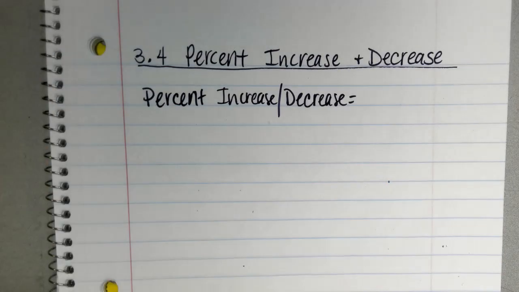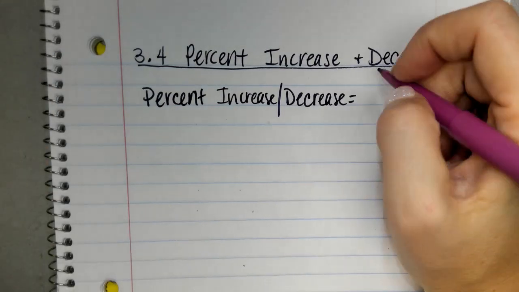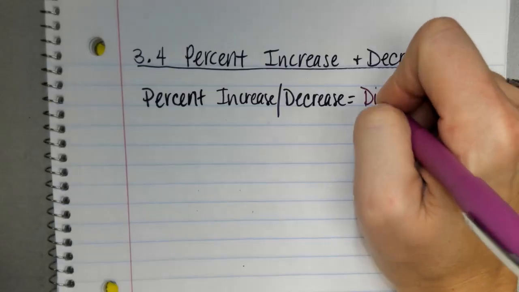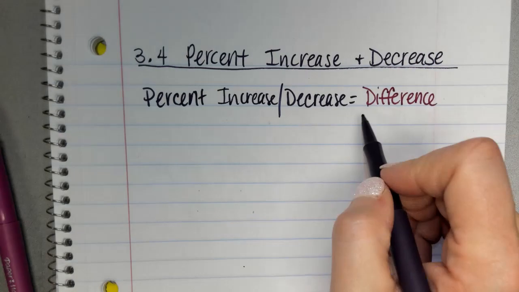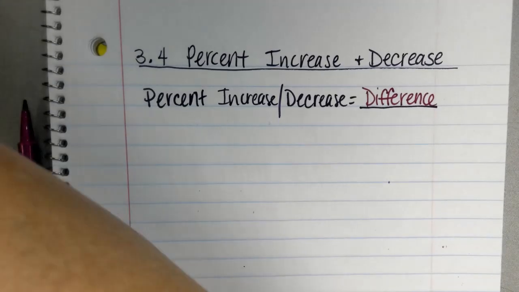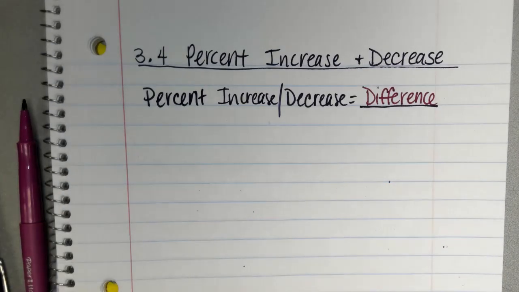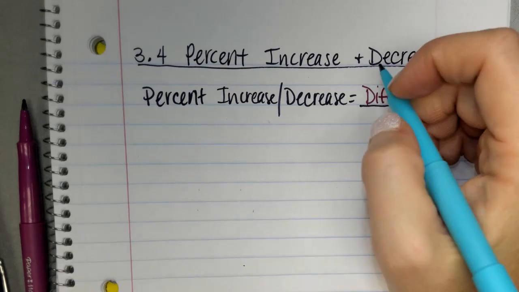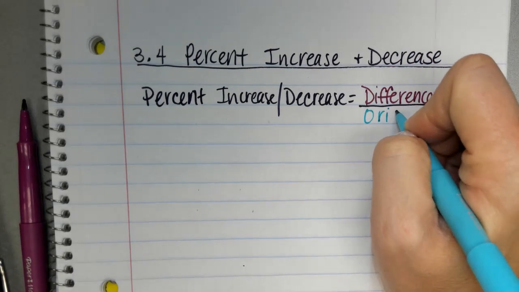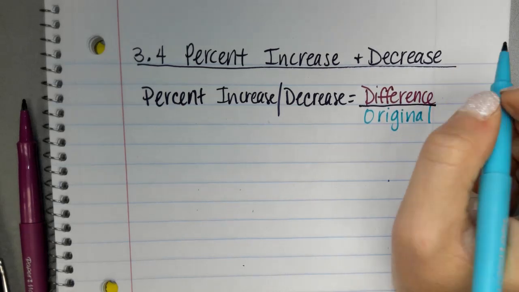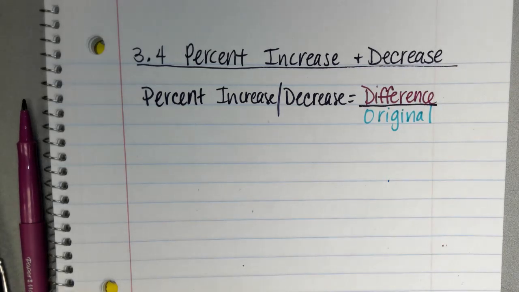Okay? It's the difference, just the same as the change. The difference in the two values divided by, what do you think it might be? Think about the formula we used for percent change. What was on the bottom? Yep. Original. So it's the difference divided by the original.